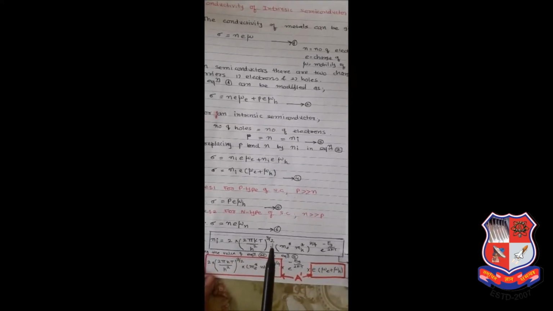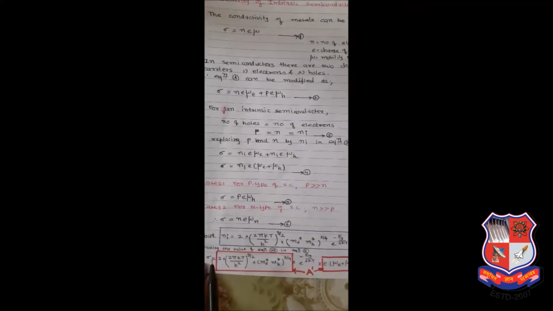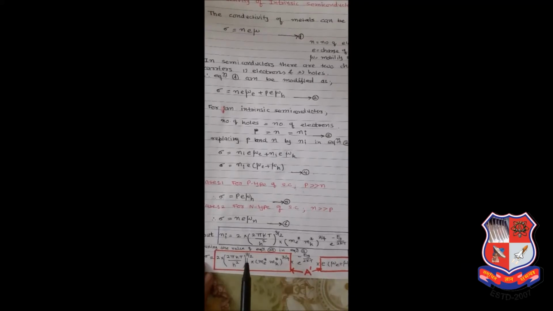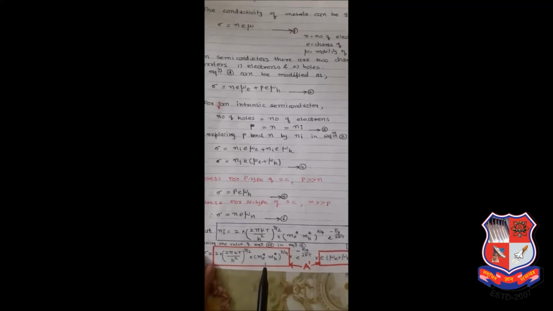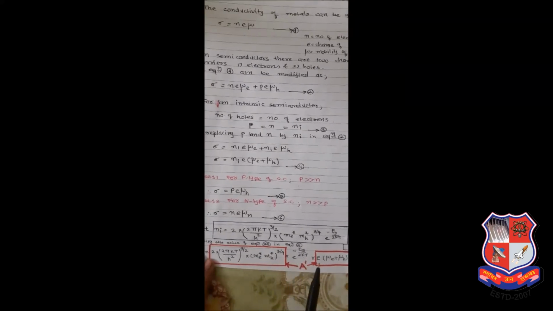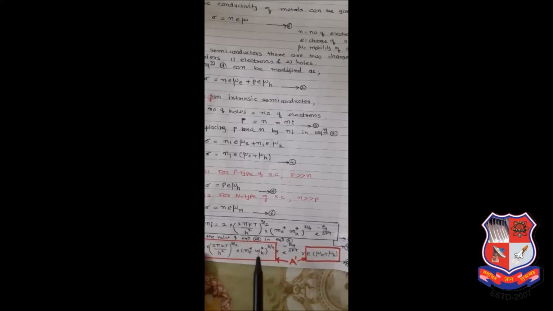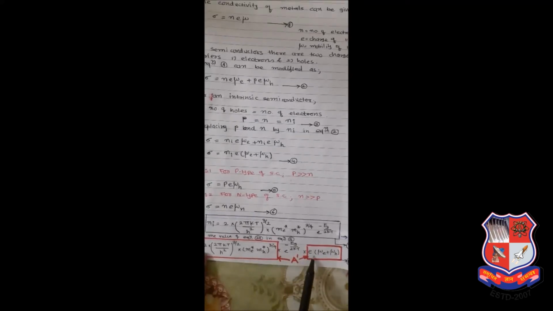So we are keeping this value of ni in equation number 4. So our sigma becomes 2 into (2 pi kT upon h square) raised to 3 by 2, (me star mh star) raised to 3 by 4, e raised to minus Eg by 2kT, and e into (mu e plus mu h). Friends, to reduce this equation, I will consider these two boxes together as A dash.